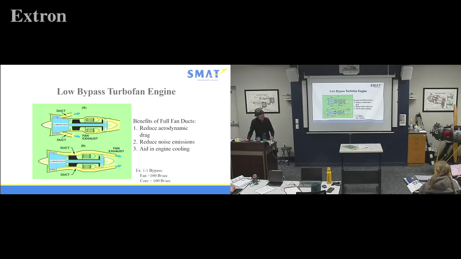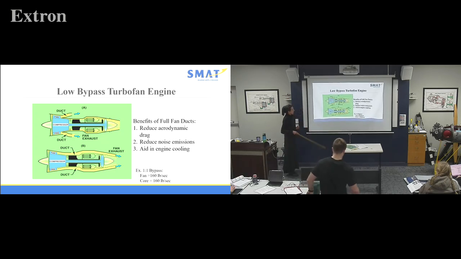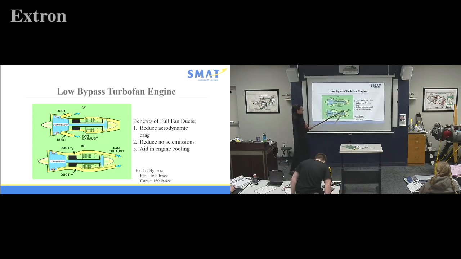So a low bypass, you can also have just a partial duct on a low bypass, or more common is fully ducted the whole way back to exhaust. A full fan duct reduces drag.